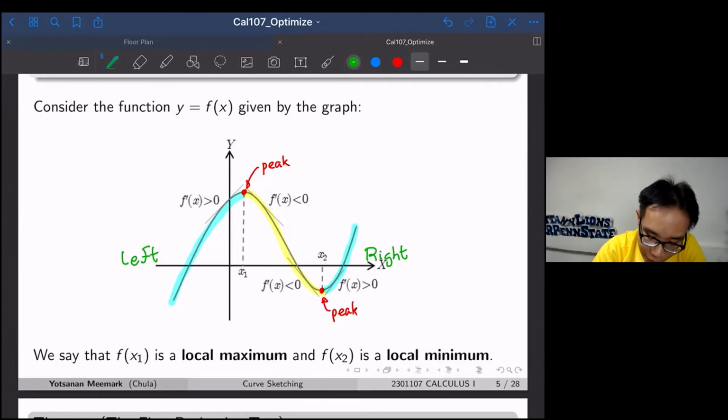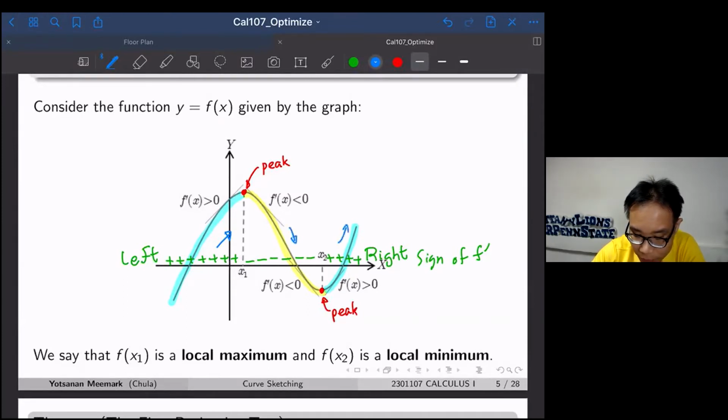You see that this one is increasing, so the sign here is positive, in this yellow interval it's negative, and here it's positive. This is the sign of f prime changing. If you draw a small arrow, it's positive, negative, and positive.